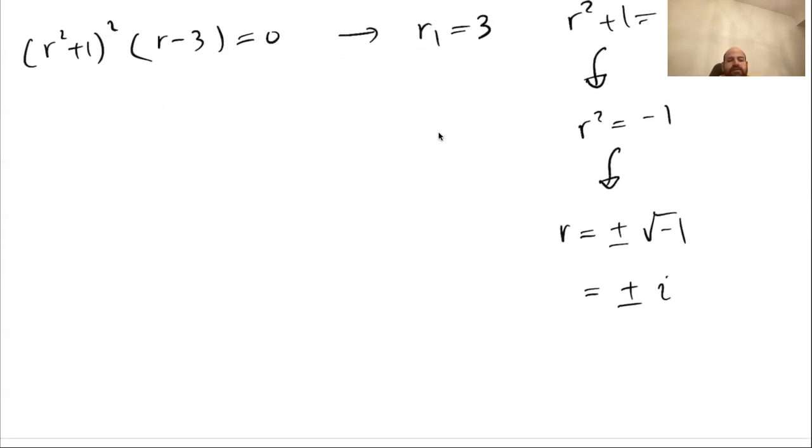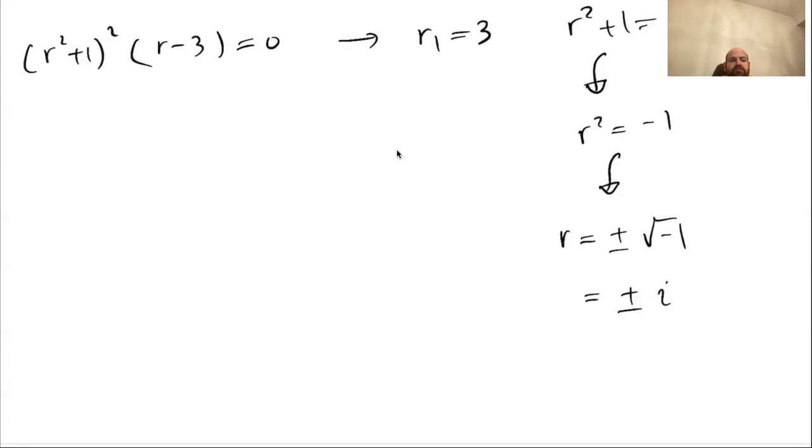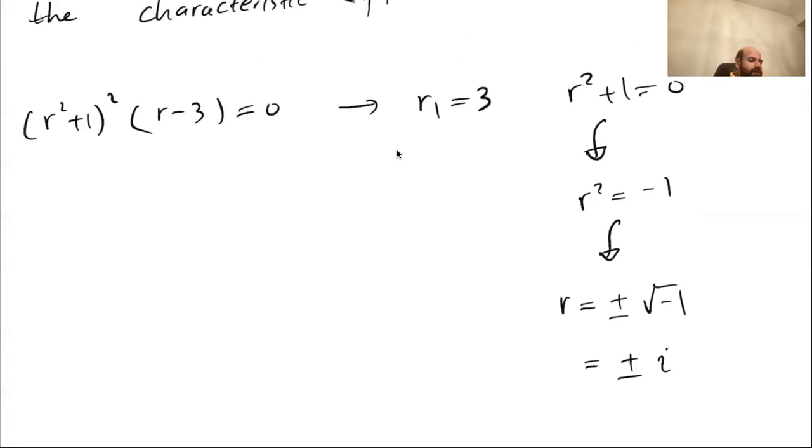But each of these roots has multiplicity 2 because of the power here. This factor has 2 roots, r equals i and r equals minus i, and each of them has multiplicity 2.